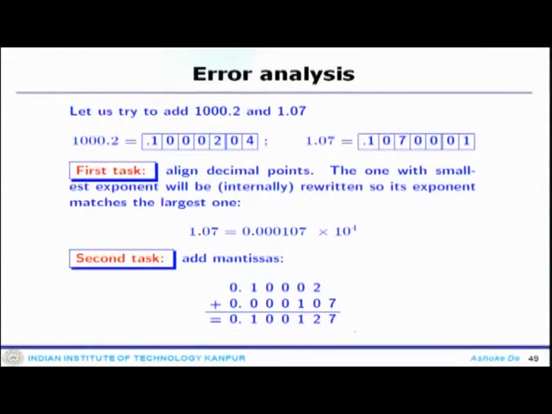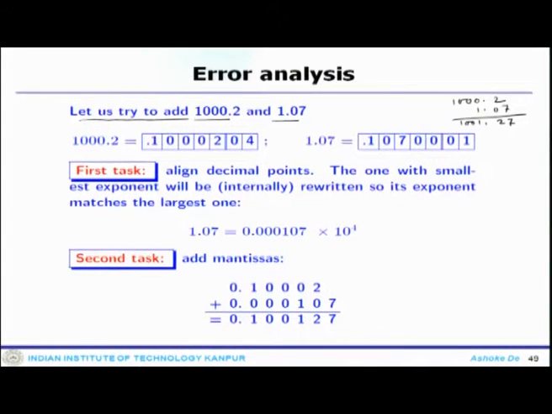Now, let us try to add 1000.2 to 1.07. Arithmetically one can do it very easily: 1000.2 plus 1.07 should give me 1001.27.